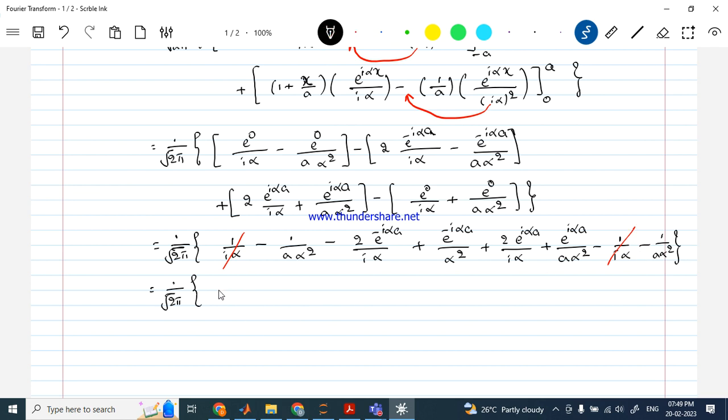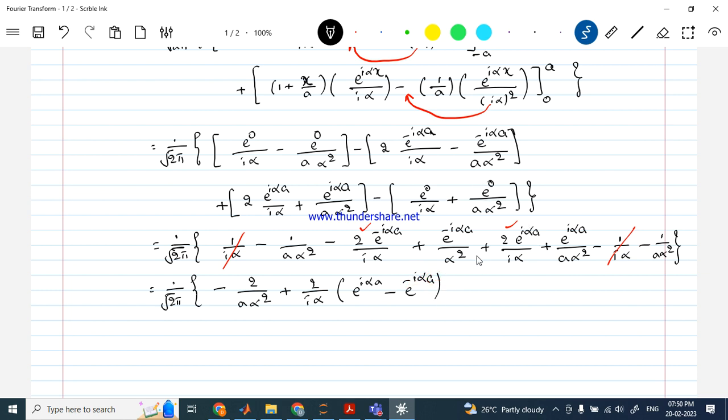So this becomes minus 2 by a alpha square, from this term and this term. So from these two terms, 2 by i alpha is common, so here e power i alpha a remains, and in this one it is minus e power minus i alpha a.